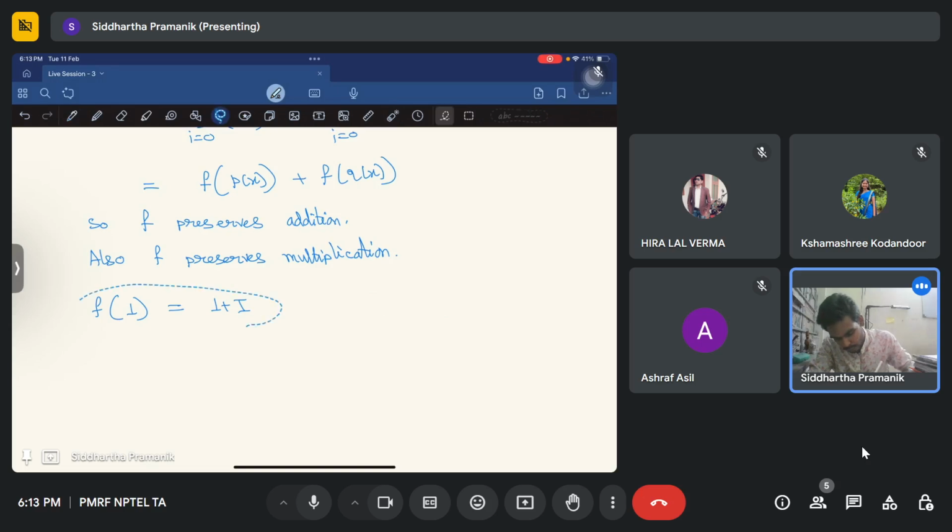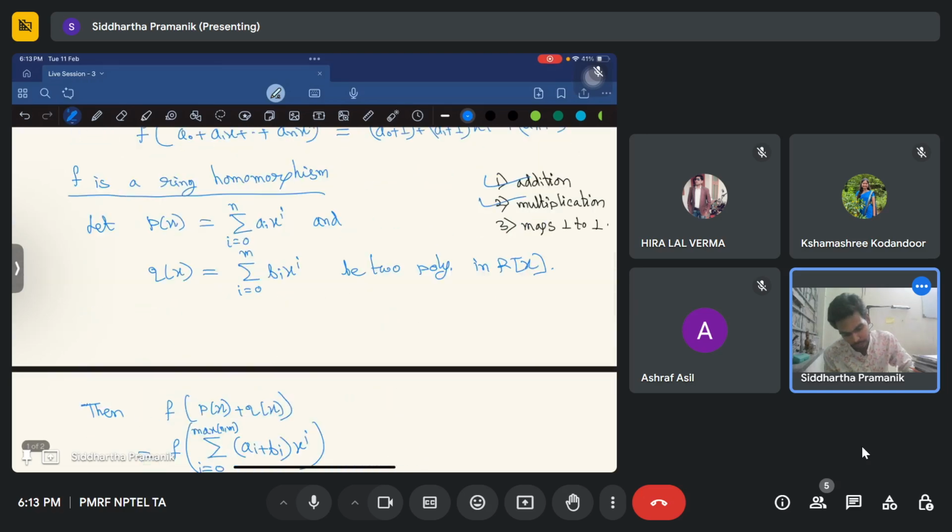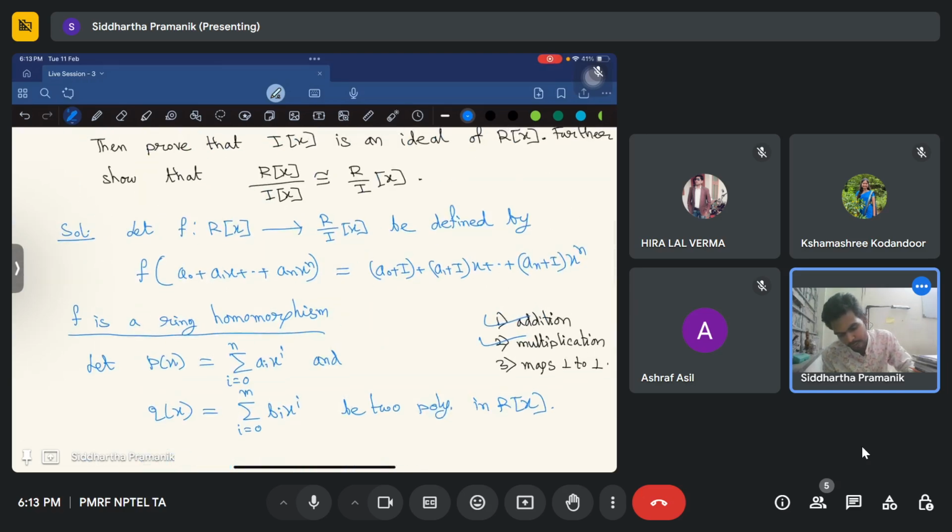So we have nothing to prove. Since f of 1 equals 1 plus I, f is a ring homomorphism. So we have proved that this function f from R[x] to (R mod I)[x] is a ring homomorphism.